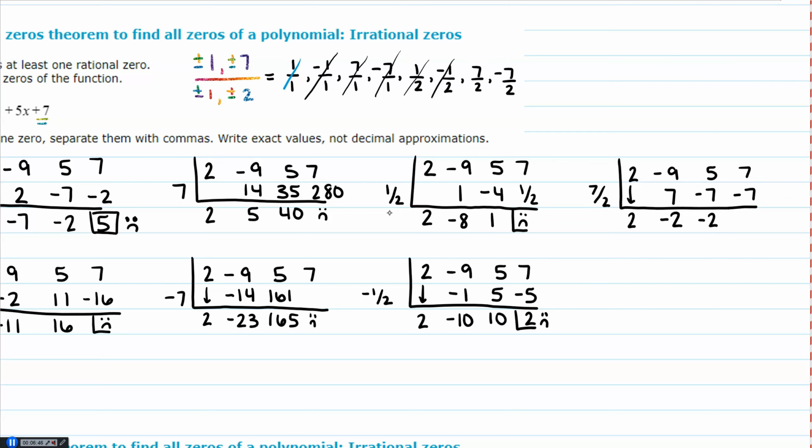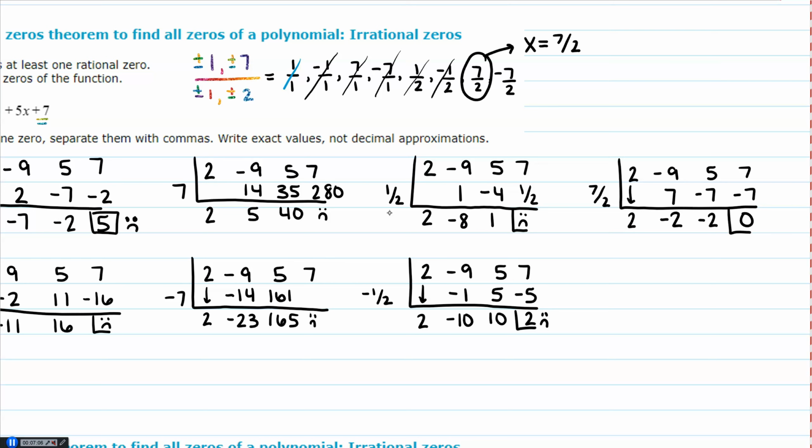Oh yeah. So 0. Booyah. That's awesome. So this guy is definitely a 0. X equals 7/2.